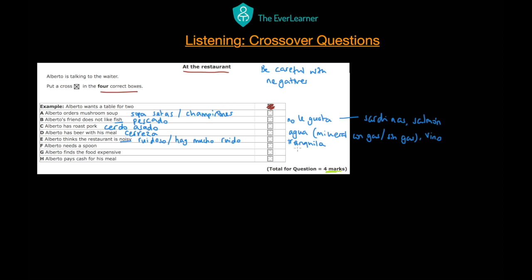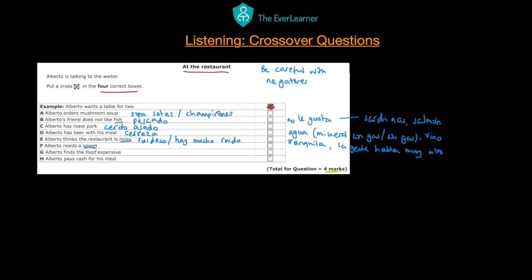Or he might not say es muy ruidoso, but he might say something like la gente habla muy alto. People are talking very loudly. Again, ways of going around what they actually mean. This is a crossover question. It might not always be obvious.